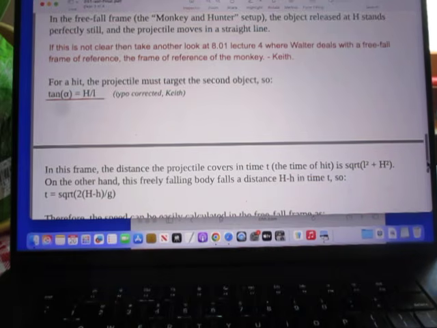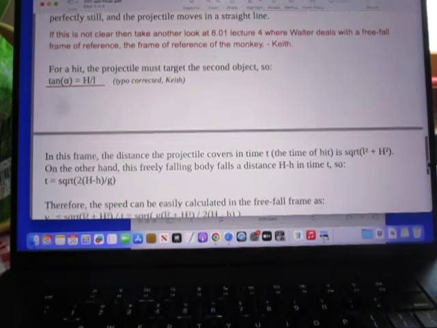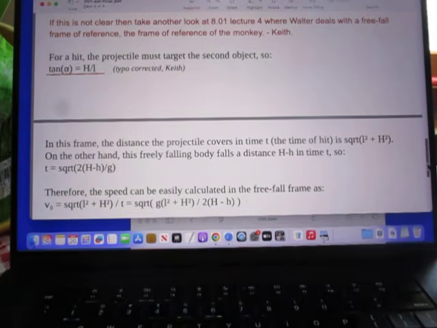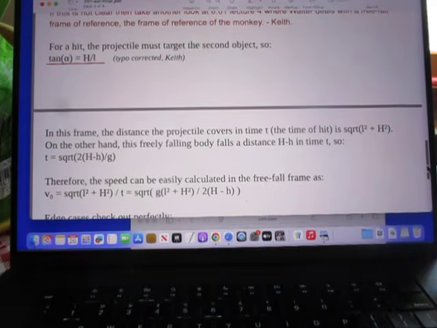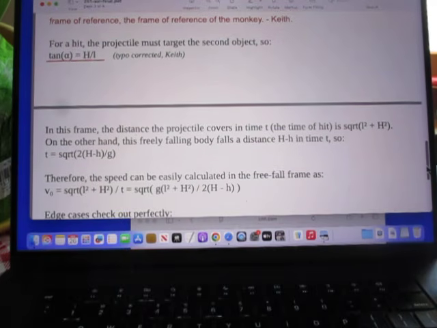That's the way I solve it, by the way, in 801. If this is not clear, then take another look at 801 lecture 4, where Walter does it with a free fall frame of reference. That is the frame of reference of the monkey.